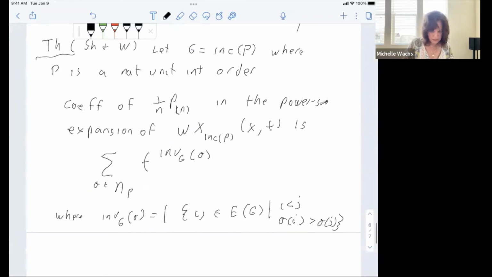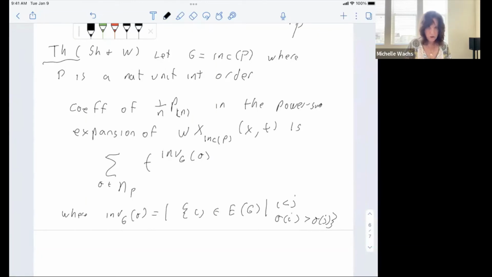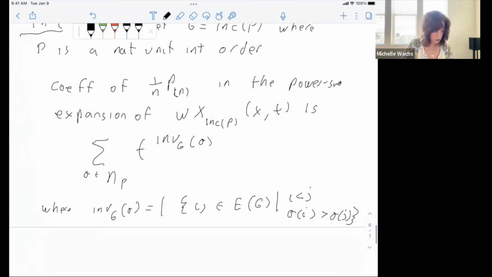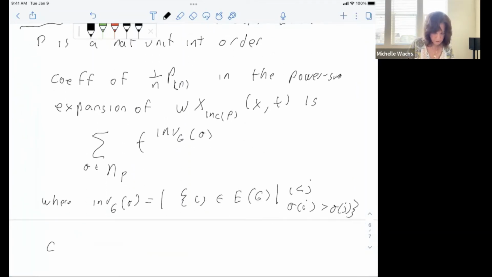The way we proved this is we used our expansion in the Schur basis in terms of P tableaux, and then we used the Murnaghan-Nakayama rule and some bijections and sign reversing involutions, and we ended up with this. There are other ways to prove this, but that's how we did it. But this result led to a conjecture for the coefficient of z_lambda inverse P_lambda.